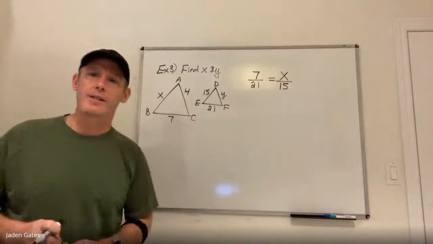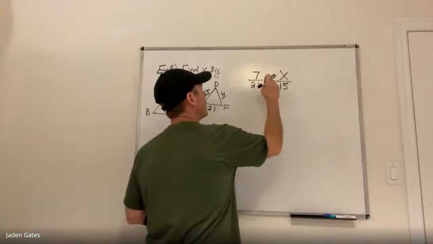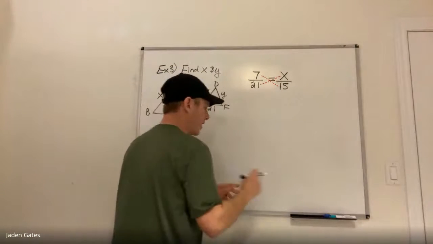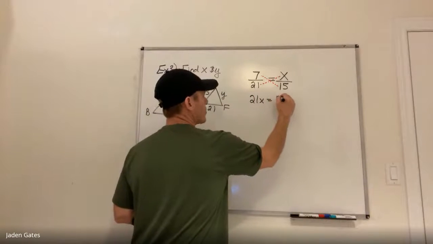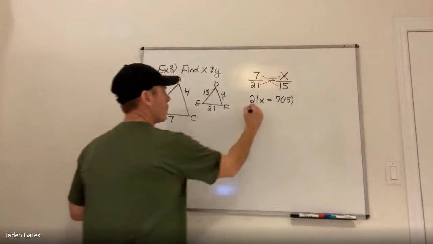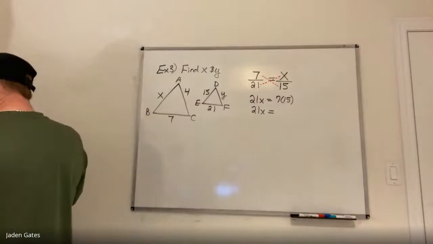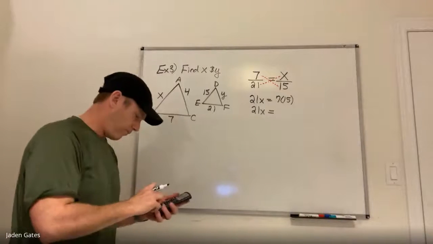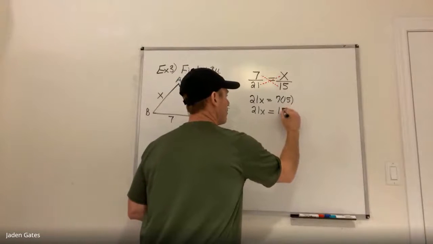All right, so again, to simplify it, I'm going to cross multiply. So I'm going to go 21 times x is equal to 7 times 15. 7 times 15 is 105.